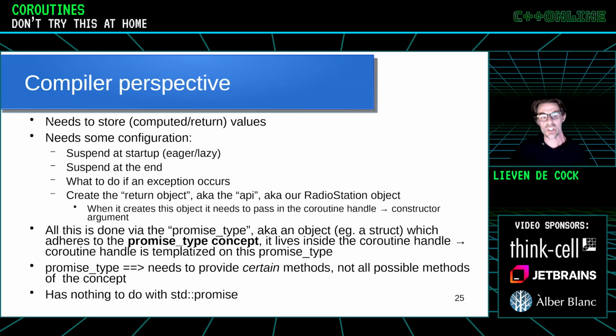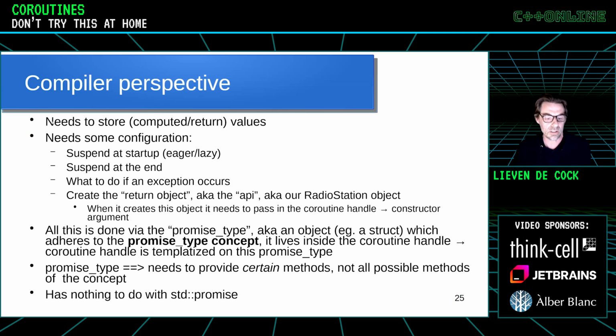Now, all these configuration things, that's done in the promise type. The promise type, as we will see, is a simple struct, and it needs to adhere to the promise type concept. The promise type concept defines a bunch of functions that we should implement as member methods on that promise type struct, but not in all cases do we need to implement all of those.